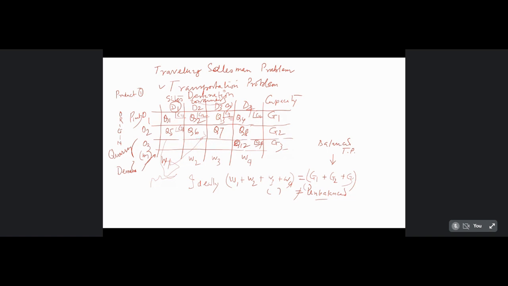So you have to find out the amounts Q1 till Q12 such that the overall transportation cost is minimized. So that will be our next chapter.